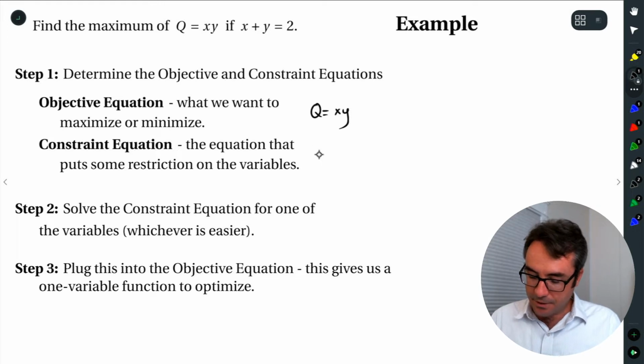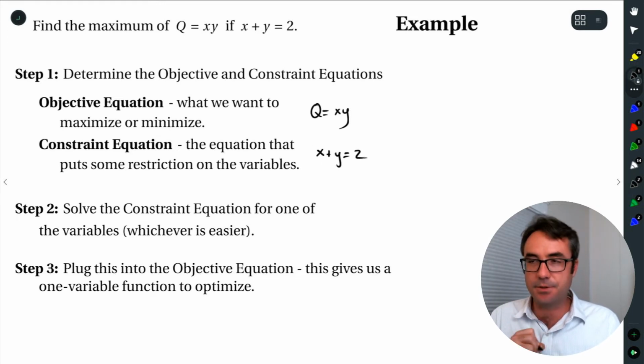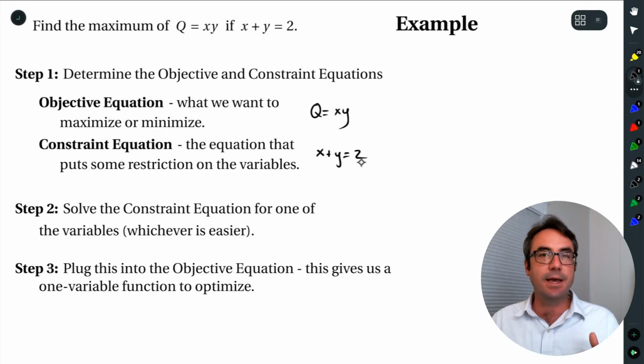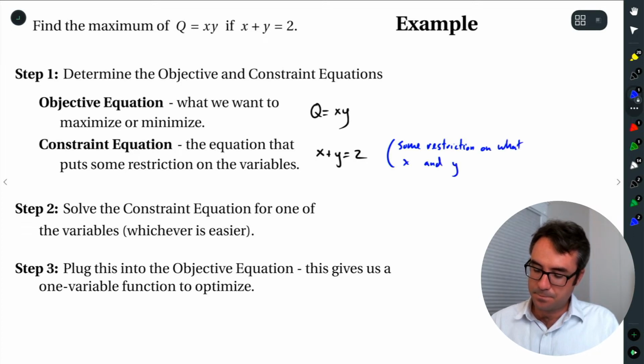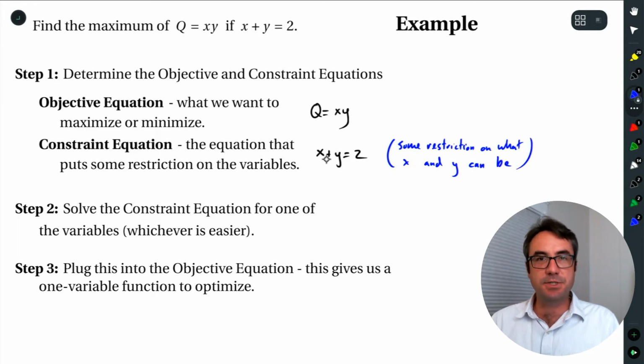A lot of times with these constraint equations, we have some equation involving our variables that is equal to a constant. So it's putting some restriction on what x and y can be. They can't just be anything. They have to be specific numbers so that in this case they add together and give us 2.